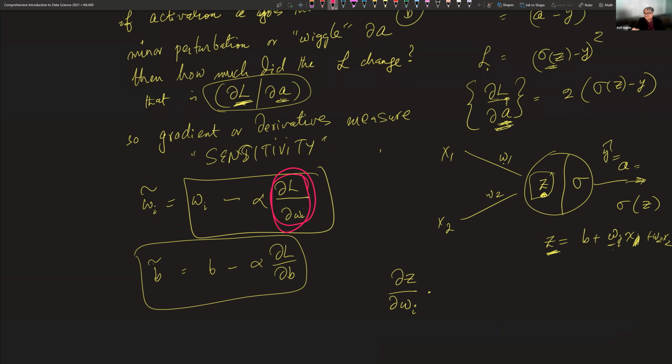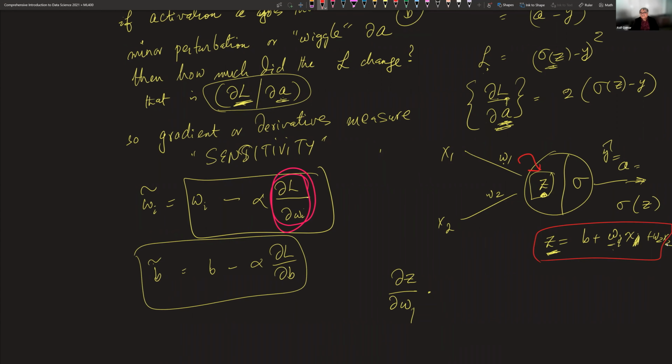But if Z changes, what change will it cause? So let me make a causal change. Let's take the 1, and be very explicit: W1. If I change W1, Z will change, right? So the causal relationship goes like this. This will affect this. Does that make sense, guys? If you change W1, it will have an impact on Z, right? Because Z by definition is this.